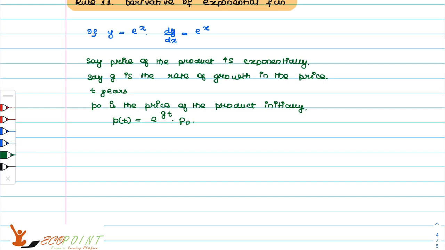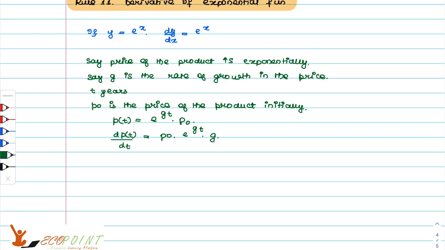So if I want to find out what is dP by dt, that will be what? P naught is a constant into the derivative of e to the power gt. So e to the power gt's derivative is e to the power gt into the derivative of gt with respect to t. So that is just g.